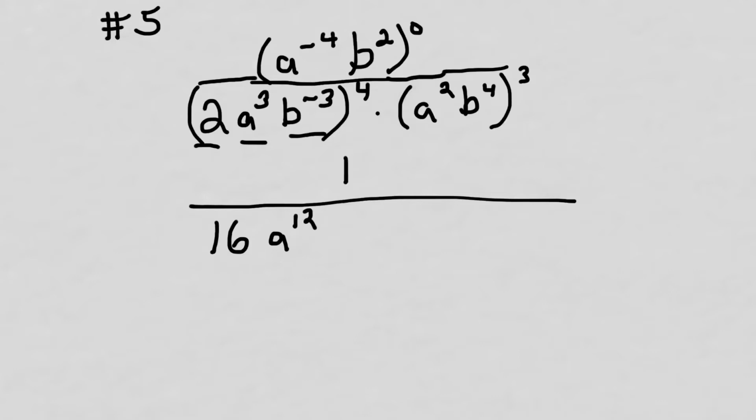And b to the negative 3rd to the 4th power is going to leave you b to the negative 12th. All those are multiplied. That's the left side of the denominator.